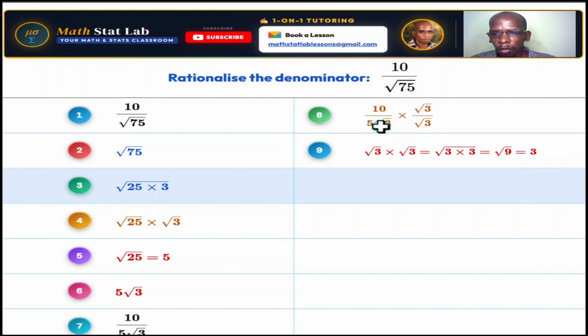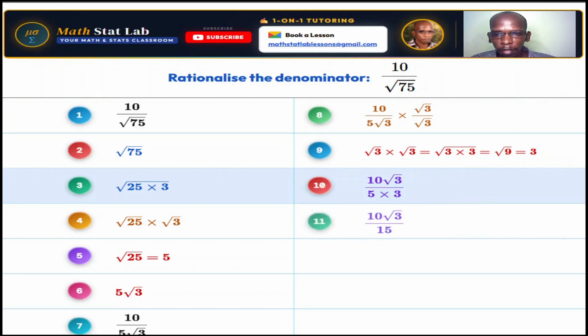So now we have 5 multiplied by 3 in the denominator. The numerator, 10 multiplied by the root of 3, becomes 10 root 3. Then 5 multiplied by 3 is 15.